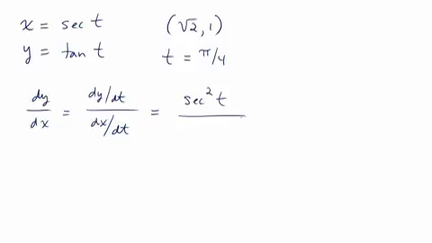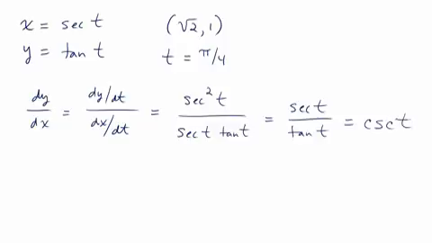The derivative of secant t would be secant t tangent t. And now we'll simplify secant squared t over secant t tangent t. We have a factor of secant t that divides out, leaving us with secant t over tan t, and that simplifies to cosecant t.